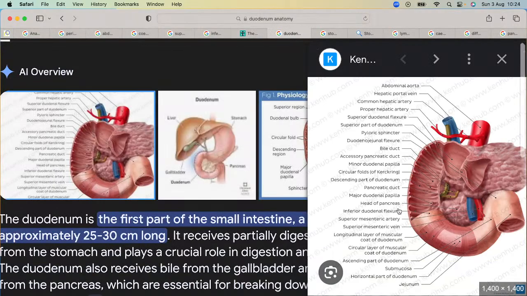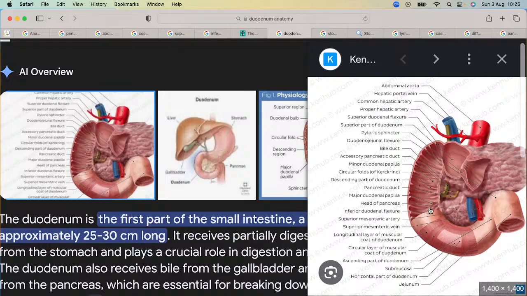The other, which is not shown here, is the minor duodenal papilla of Santorini. Those are the two structures you need to remember from the duodenum. If you are asked to draw the duodenum at D2, you need to show the two papillae, the major duodenal papilla of Vater and the minor duodenal papilla of Santorini.